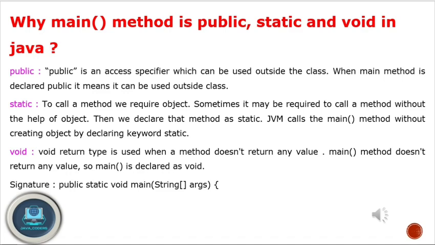Then we declare that method as static. JVM calls the main method without creating an object by declaring the keyword static. Void: void return type is used when a method does not return any value. The main method does not return any value, so it is declared as void. Signature: public static void main String args.